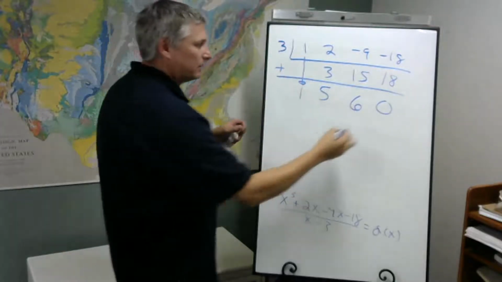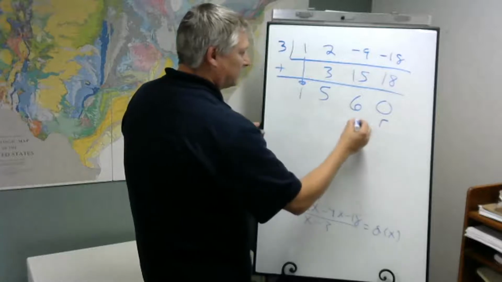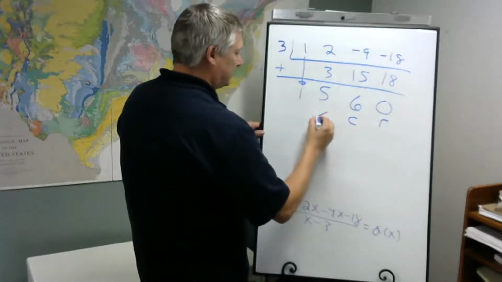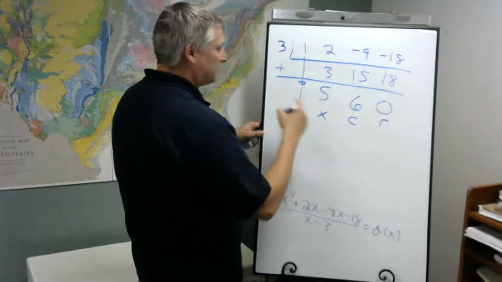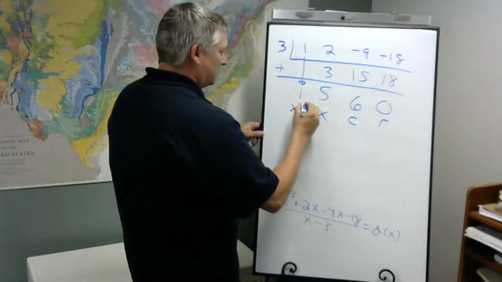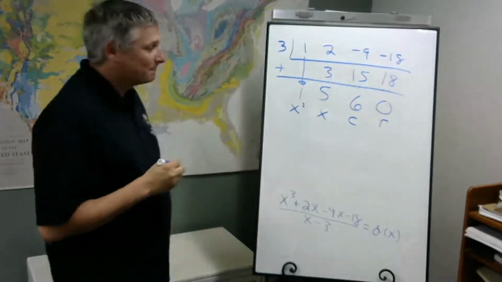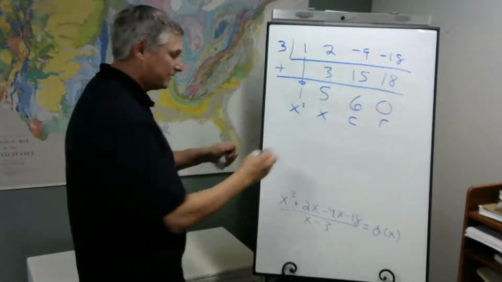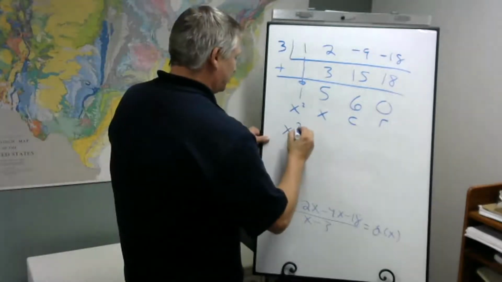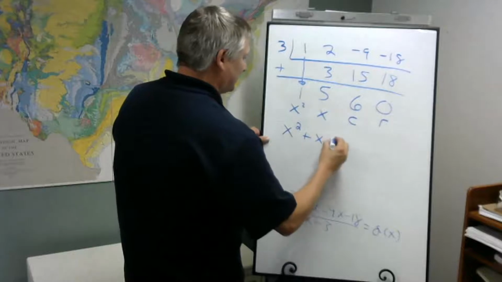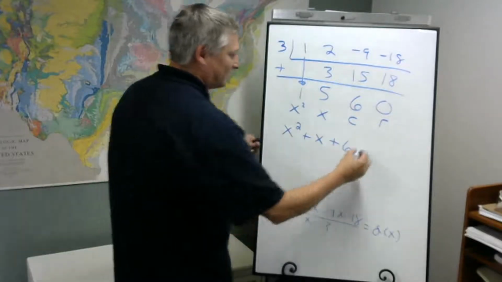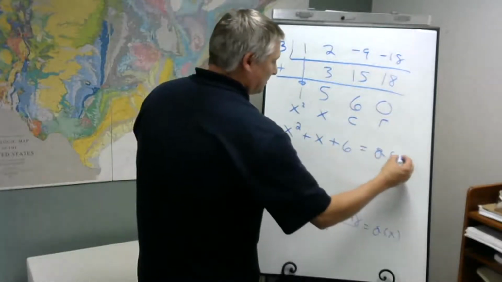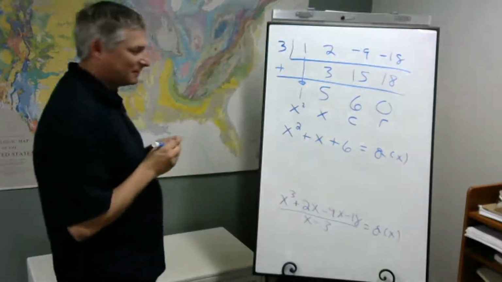So the way it works, this is the remainder, the constant term, this is the coefficient for x, and the coefficient for x squared. So when we divide this by this, what we get is x squared plus 5x plus 6. And that's our q of x.